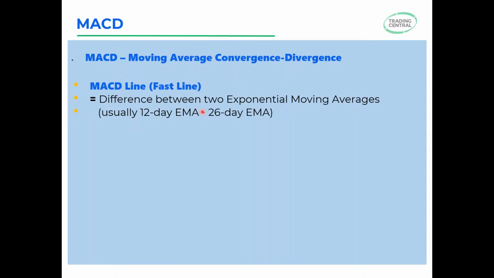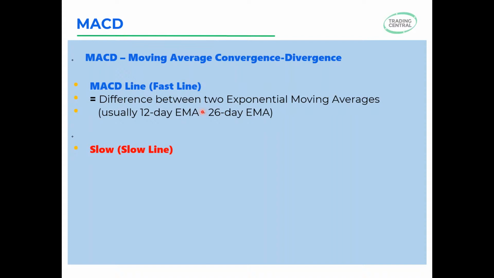In detail, the fast line is the difference between two moving averages. In fact, they are exponential moving averages, a subset of the moving averages. That's okay. If the details puzzle you, no worry. We go for it.